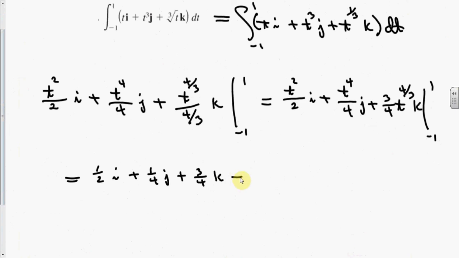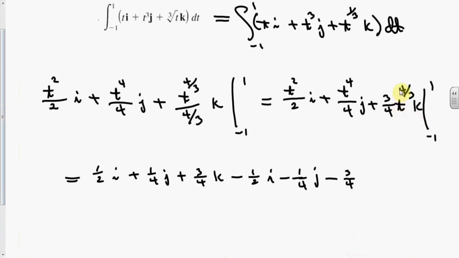Then that becomes minus. Evaluate the t at -1, so that's 1/2 i plus -1 to the 4th is still 1 over 4 j. This was minus. And then this is minus 3 over 4, and then t is -1.